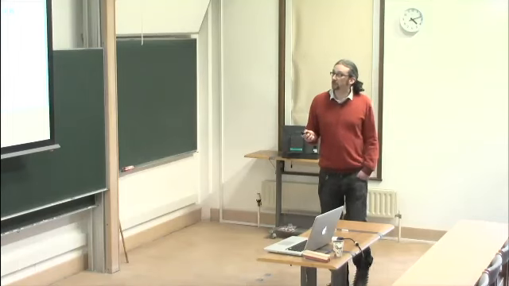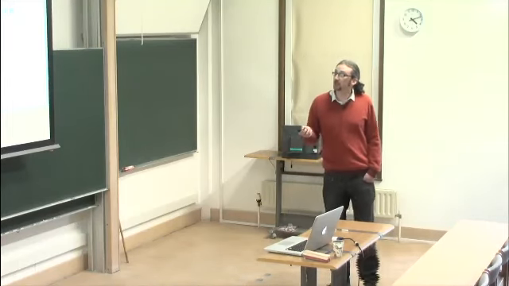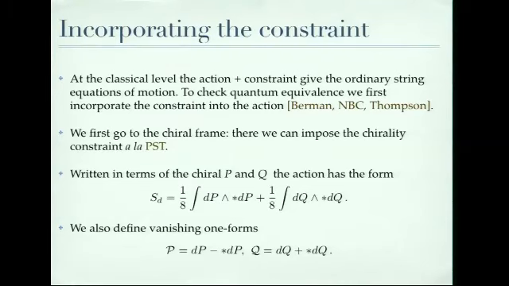First of all, if we go to the chiral frame that we showed on the previous slide, we can impose this chirality constraint a la PST. And you're probably more used to the PST method being used for the self-dual form field strength on a brane, but it also applies to scalars and chiral scalars in 2 dimensions.